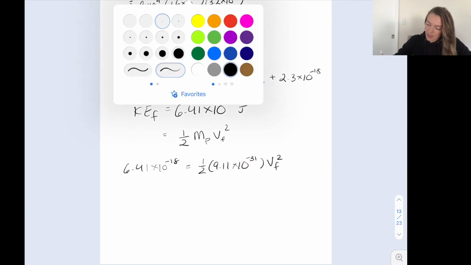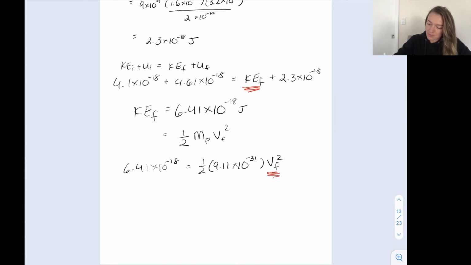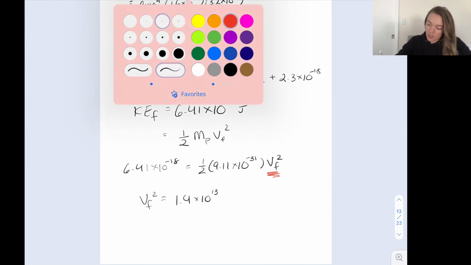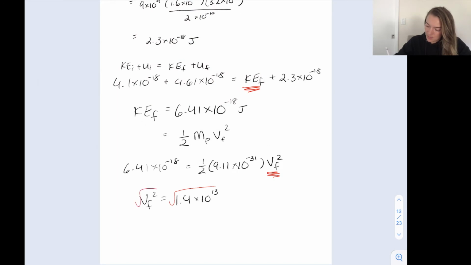And when you solve, you get that VF squared comes out to 1.4 times 10 to the 13, and then take the square root. We get that VF is equal to about 3.8 times 10 to the 6 meters per second.